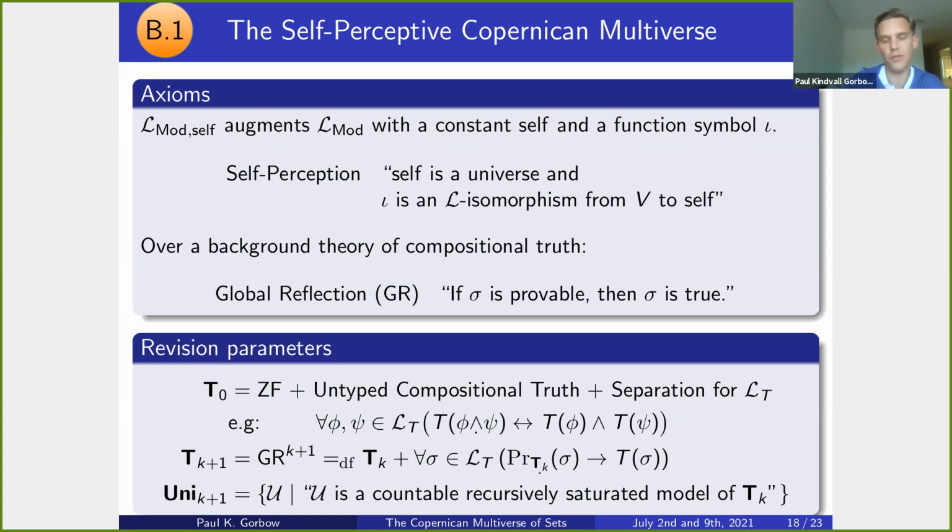Untyped compositional truth, like I said, for example, has this axiom displayed here. And then the hierarchy consists in iterating global reflection over that theory. And then we take the universes on each stage of the hierarchy to be the countable recursively saturated models of the preceding theory.